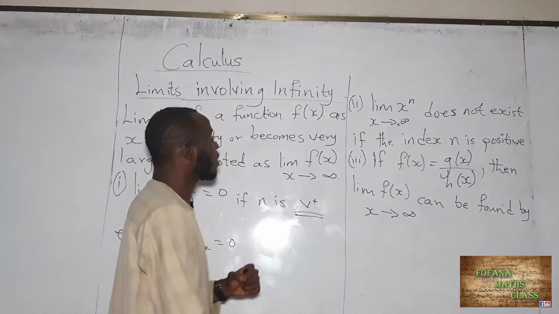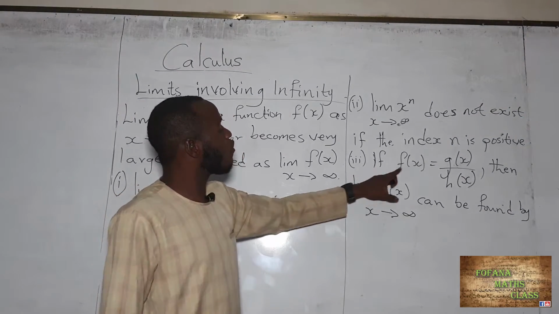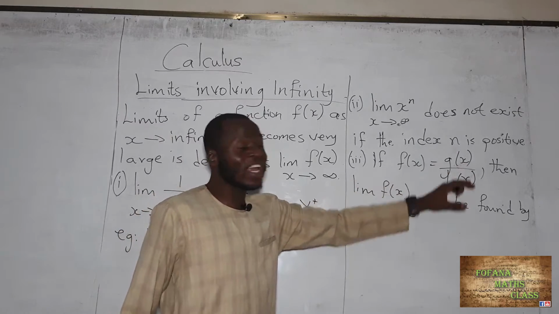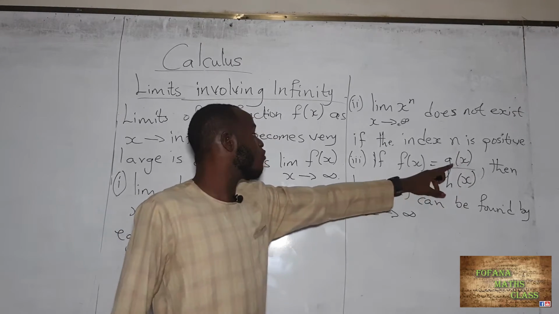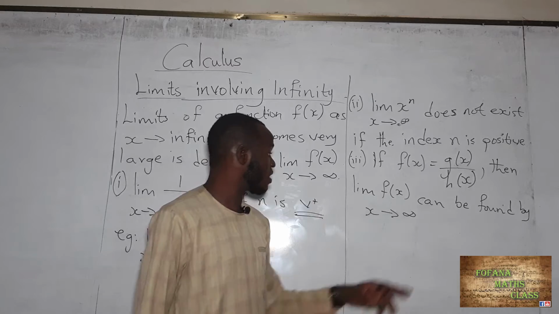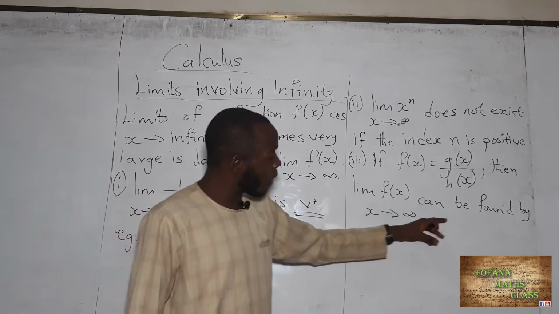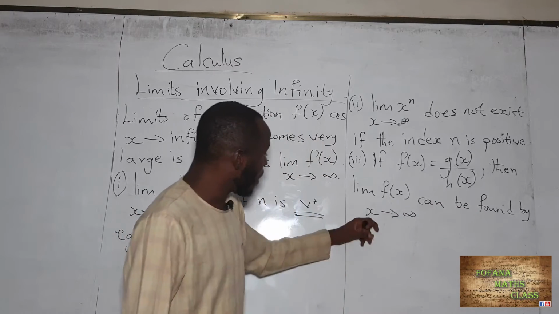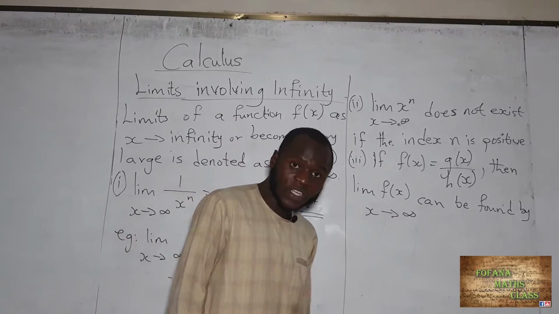That's what it means. Now the third one is if f(x) is equal to two different functions dividing one another, g(x) divided by h(x), then the limit of f(x) can be found as x approaches infinity.